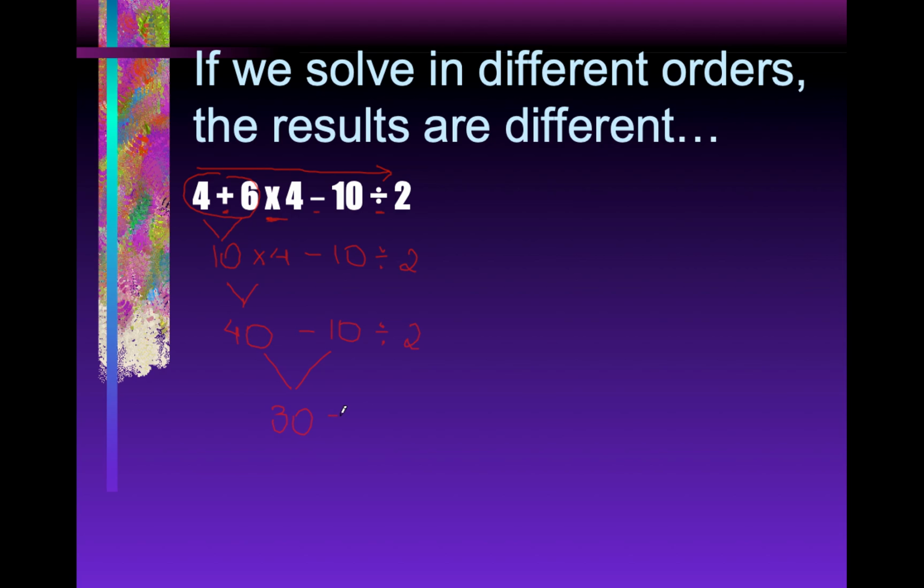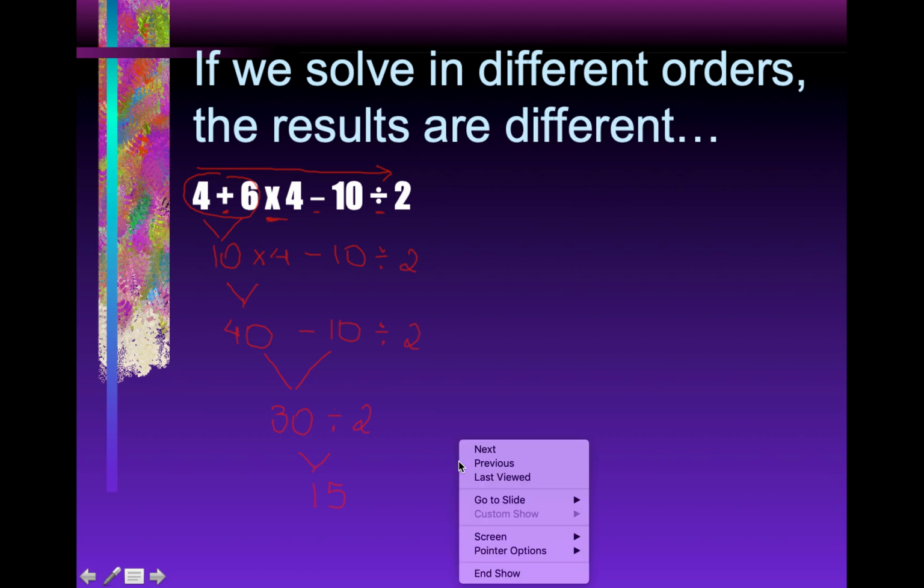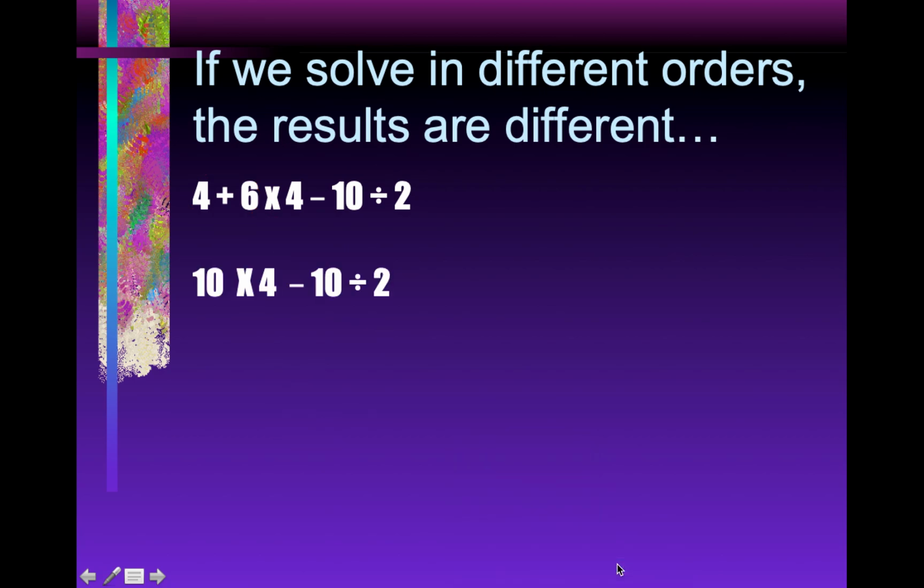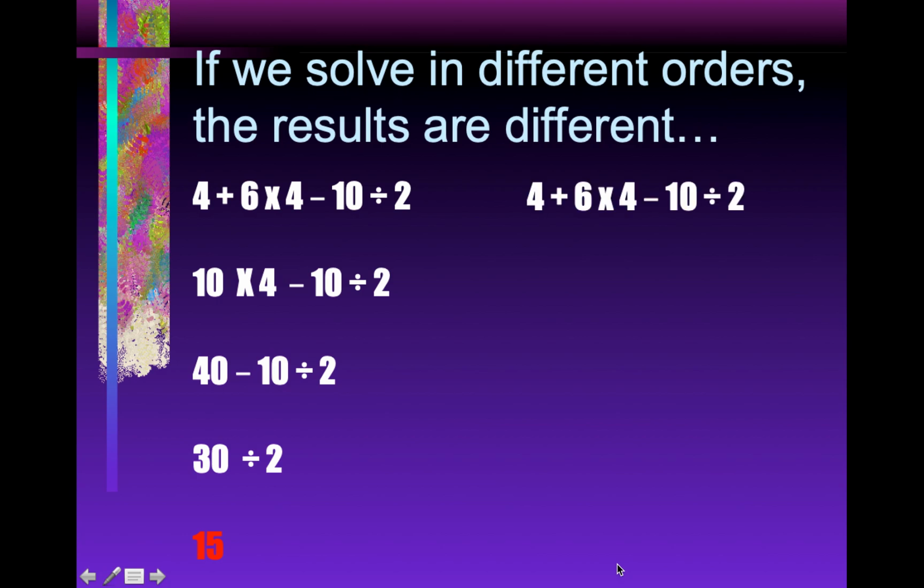And then I would divide by 2, and I would get the 15, okay? So if I'm actually doing it in this order, okay? Let me erase this now. Erase pen, here we go. If I'm actually doing it in this order, this is what I would do, and I would get the 15, correct? However, you guys know better.